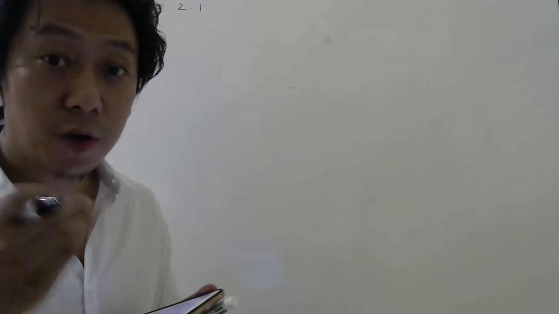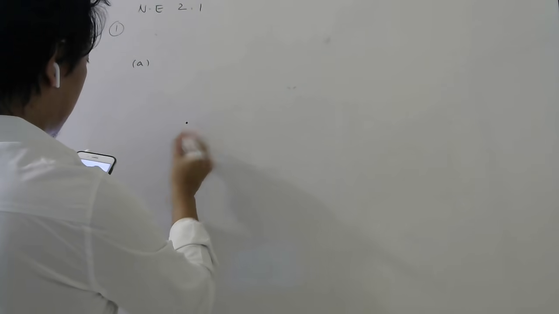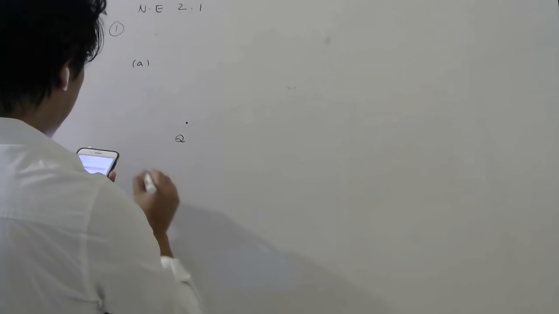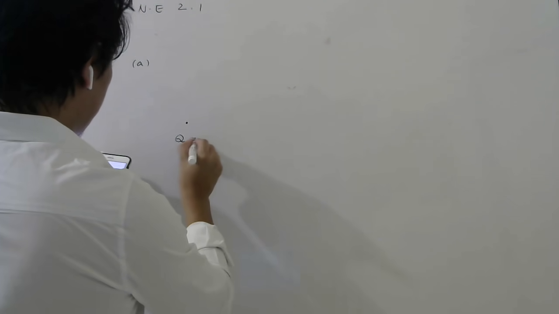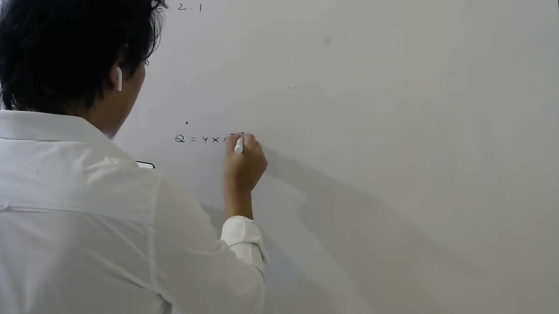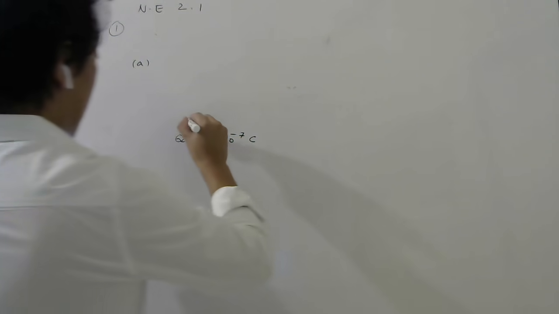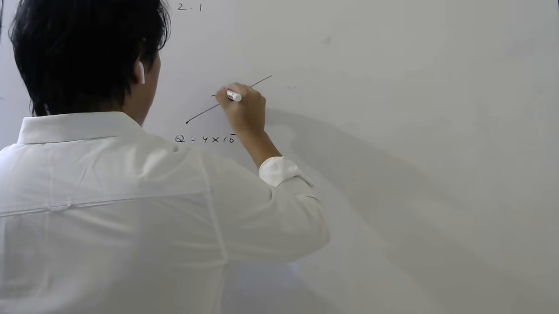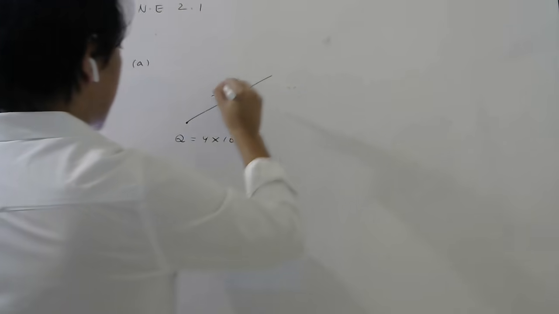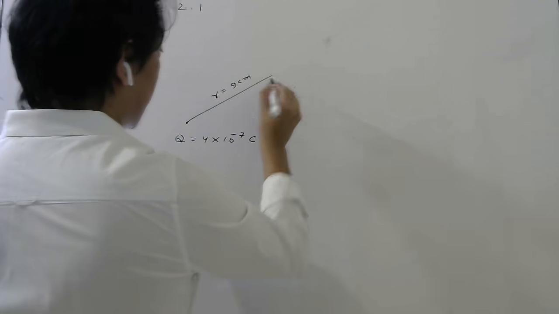That is also a property of the source charge. So your source charge, give some symbol, capital Q let's say, is equal to 4 into 10 power minus 7 coulomb. Due to this source charge, they are asking for the potential 9 centimeter away from it. Let us call this point P.